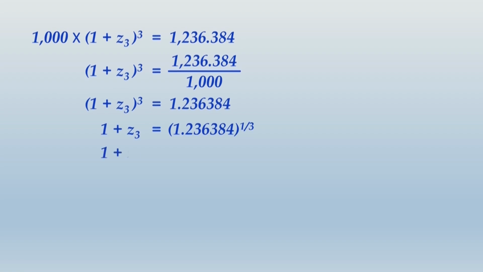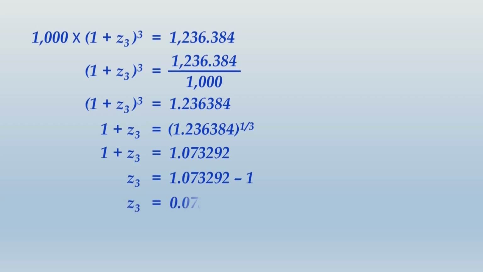When you apply the calculation, 1 plus Z3 becomes 1.073292. So Z3 will be 1.073292 minus 1. That will be 7.3292%. Let us move ahead and do the important calculation.